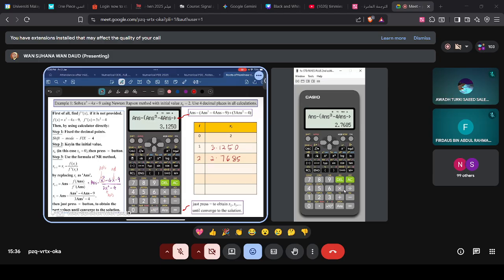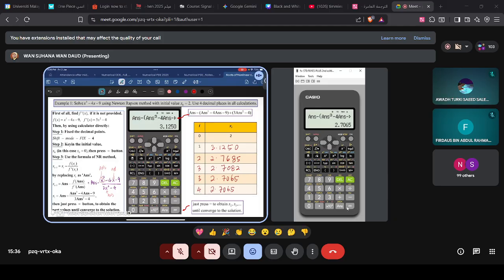You press more equal. You will get 2.7082. Press equal, you will get 2.7065. Press another equal and you get the same value. Press another equal, you get the same value.